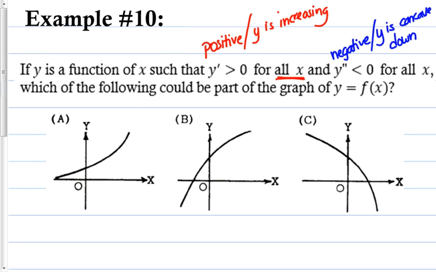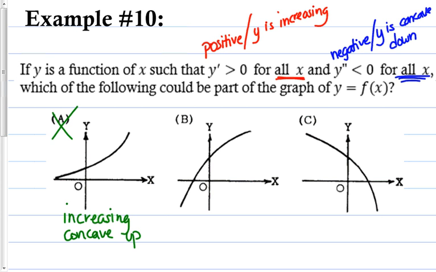Concave down. So now I have 2 criteria. Oh, and for all x, sorry. That's everywhere. So I have 2 criteria. Y is going to have to increase, and it's going to have to be concave down. So let's see. A. Okay, definitely increasing. But it's concave up.